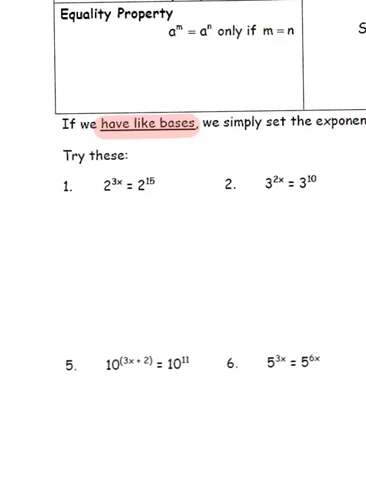And because of this, you can basically just cross them out. So I can get rid of this 2 and I can get rid of this 2. And what I'm left with is the exponents, and I'm going to set those equal to each other. So I'm going to have 3x is equal to 15, and then I'm just going to solve that like a regular one-step equation, divide both sides by 3, and we get x is equal to 5, and that's my answer.